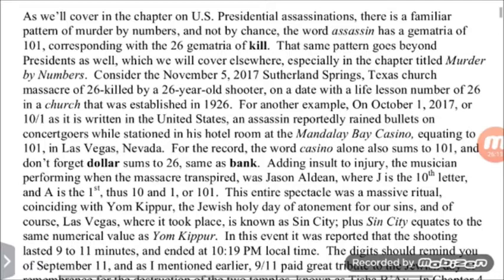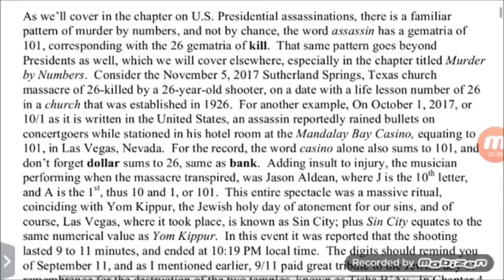For the record, the word casino alone also sums to 101, and don't forget dollar sums to 26, same as bank. Adding insult to injury, the musician performing when the massacre transpired was Jason Aldean, where J is the 10th letter and A is the first, thus 10 and 1, or 101.